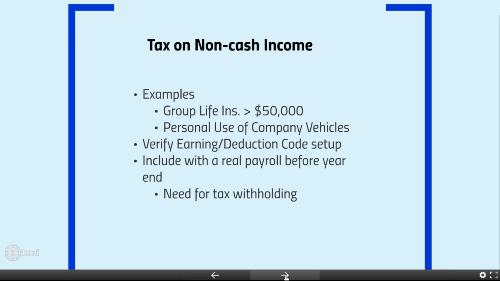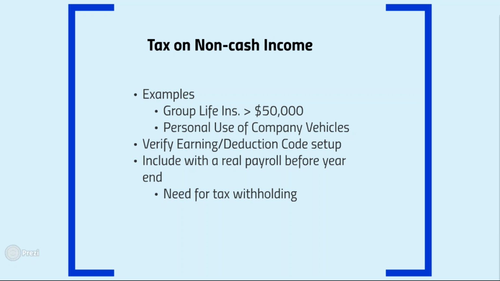Or if your employees have personal use of company-owned vehicles, that mileage needs to be included as wages. So to set it up in Sage, you would set up an earning code so you only enter the information in once and then tie a deduction code directly to that earning code. That way you put the number in that increases their wages and the deduction pulls it back out again. That way you're not actually paying them because they've already gotten the income. It just includes it in taxable wages.